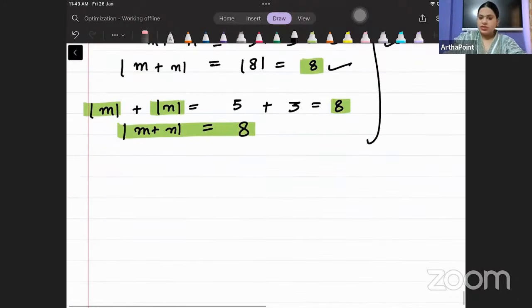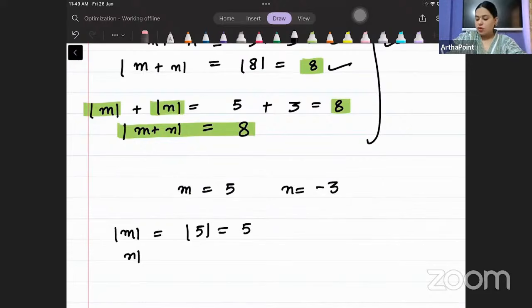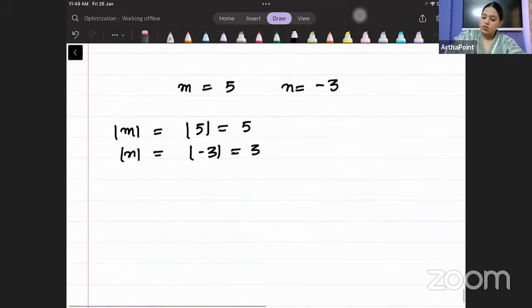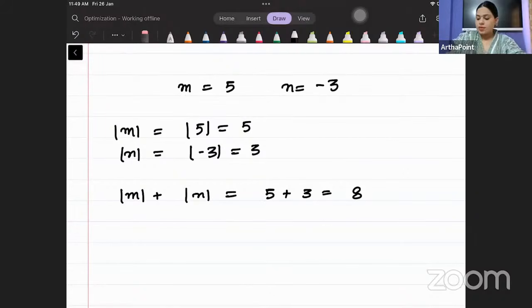But suppose I tell you beta that m is 5, n is minus 3. So beta what is m mod? 5. n mod, minus 3 का mod 3. So beta what will be m mod plus n mod? 5 plus 3, that means 8. Beta what will be m plus n? 5 plus minus 3, 2.